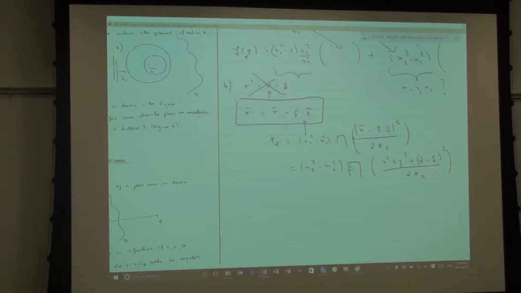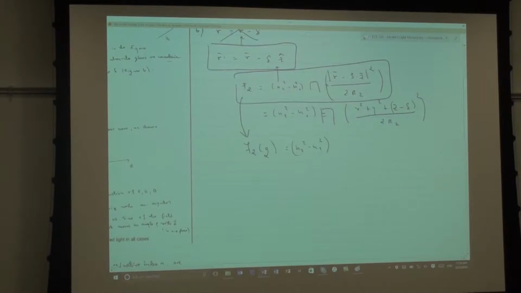Okay? But already, if you leave it in this form, when I take the Fourier transform back, I'm going to get, let's say, F2 of Q equals N2 squared minus N1 squared. This stays the same. I carry it just for the next question.